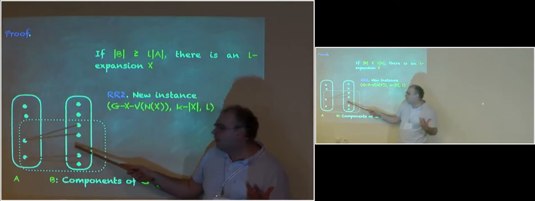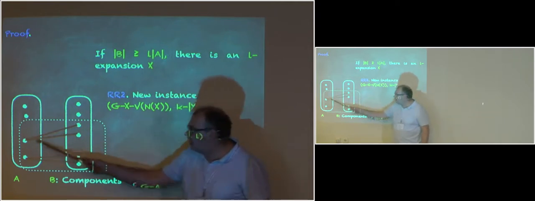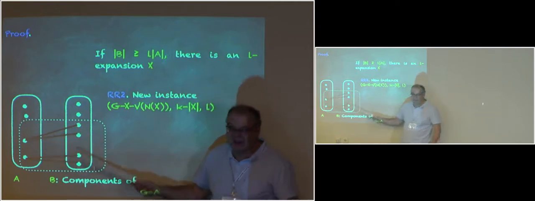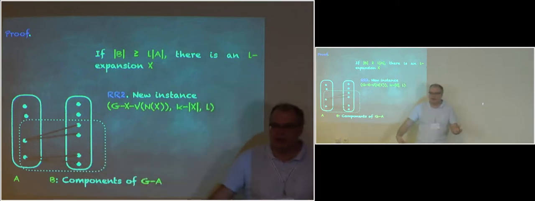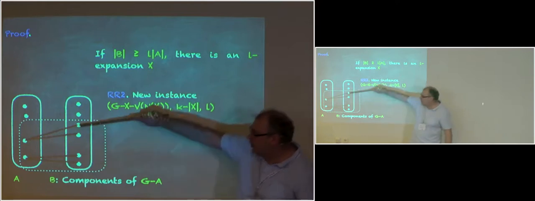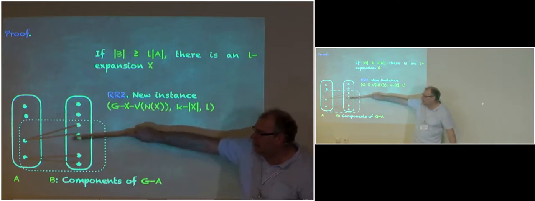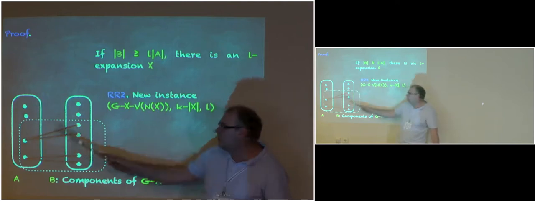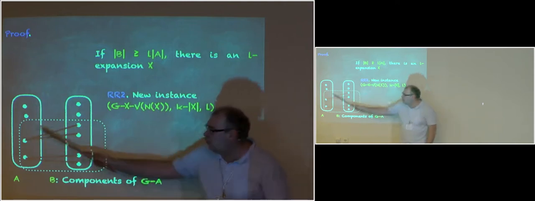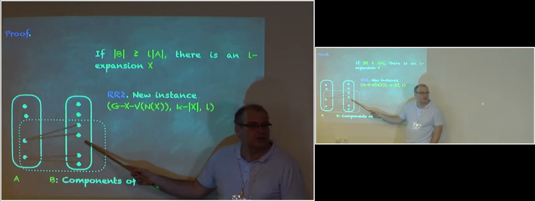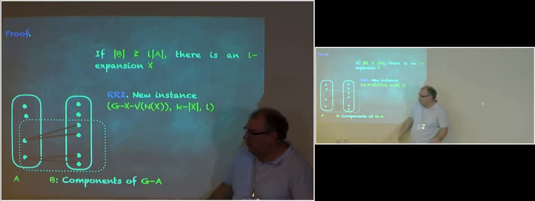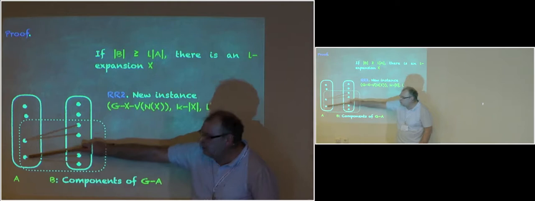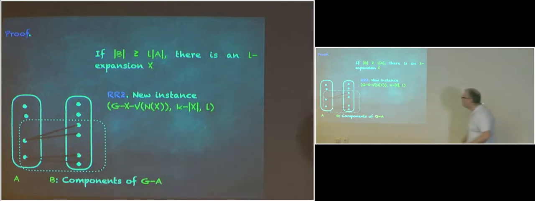So it means that I will have a star with L plus 1 vertices, that in the original graph will be a connected component of size more than L. So exactly L pieces here connected by this vertex. So it means that I have to take at least one of these guys into the solution. And so I have all these pieces, and the only way I can do it, I have to take these people into the solution. So that's what I'm saying.